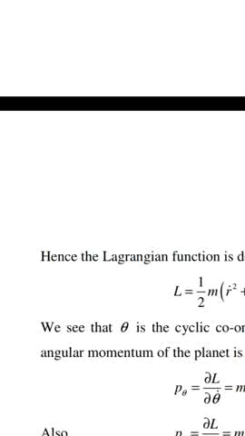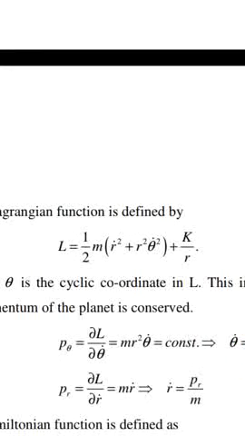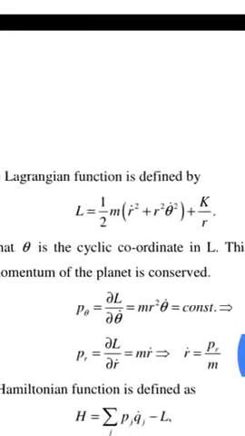Hence the Lagrangian function is defined by L is equal to 1 by 2 m (r dot square plus r square theta dot square) plus k by r.